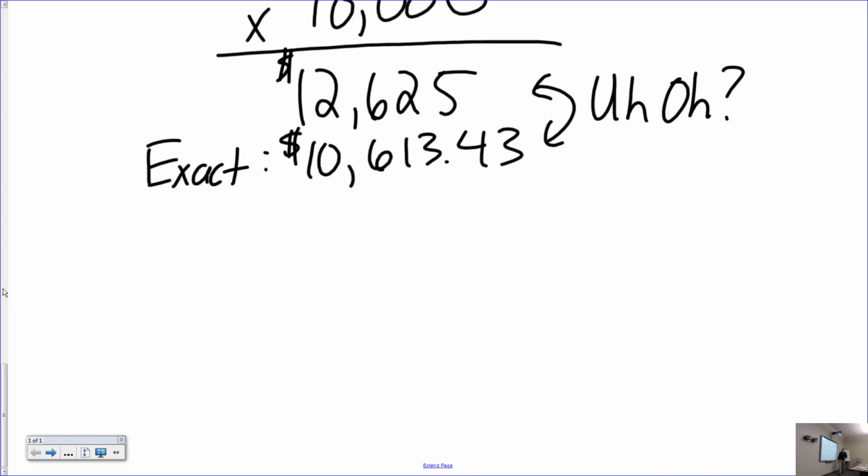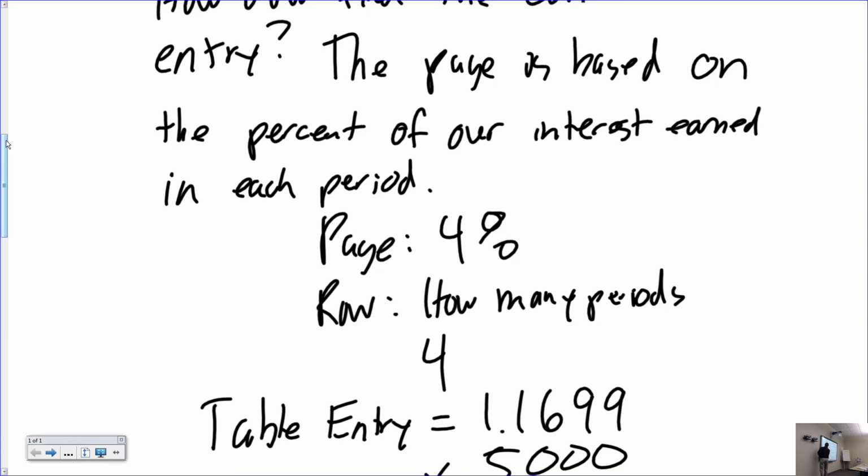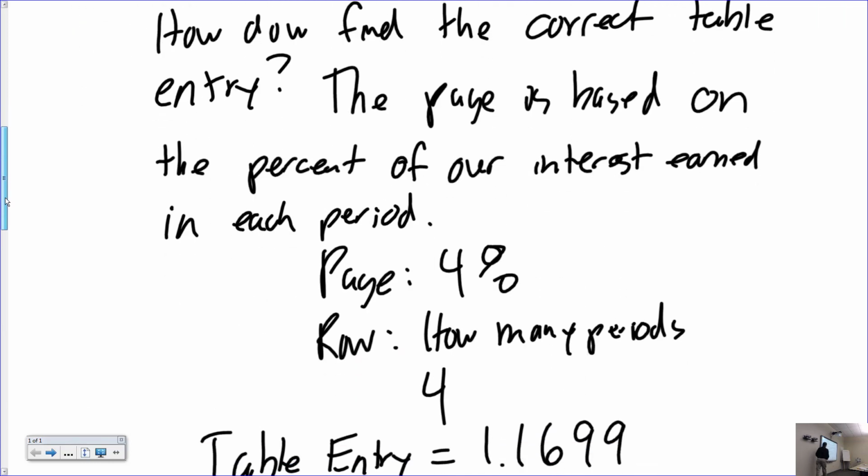Okay, here's the piece that I did not carefully explain to you guys. The page is based on the percent of our interest earned in each period. We are earning 6% over a year.